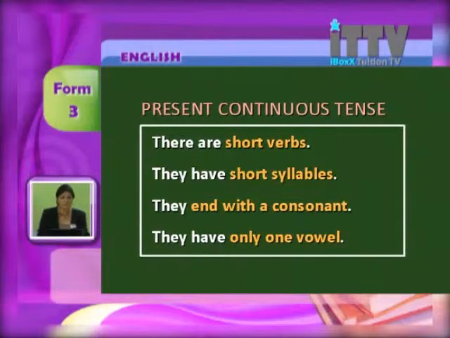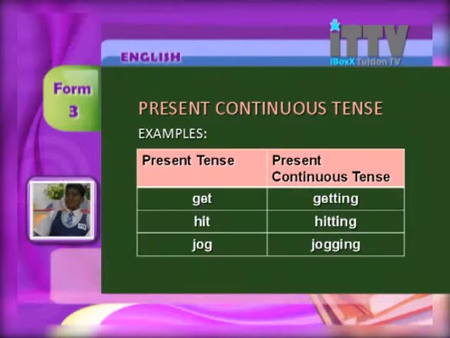They have only one vowel. So in between, for example, hit, H-I-T. The vowel is I. Alright, just to recap, let's look at the next slide. Get. That's a short verb for you. G-E-T. There is only one vowel, which is E in this instance.